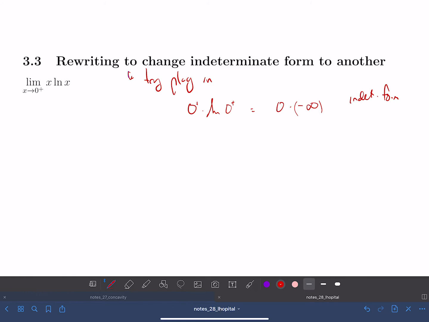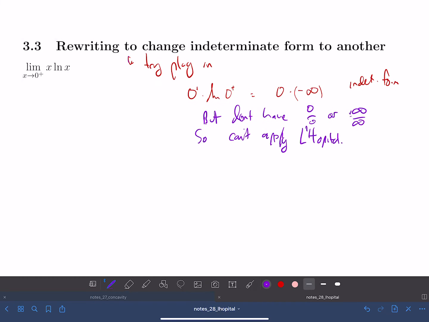But I don't have 0 over 0, or infinity over infinity with a plus or minus. I don't care about the sign. So I can't apply L'Hopital. Okay, fine. What do I do? Okay, when you can't solve a problem, solve a different problem.